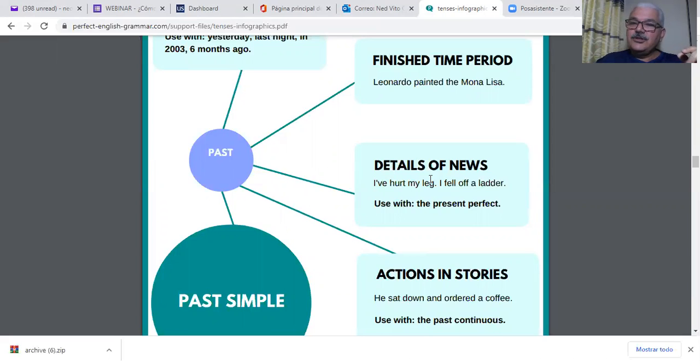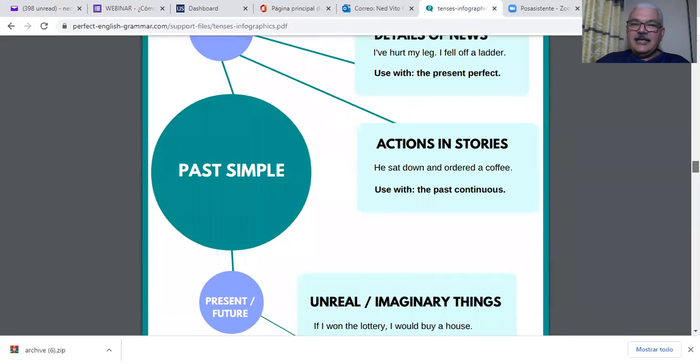So we are going to explain this present perfect later on, because we should also refer to the aspect of perfectiveness. In that case, we use I fell off a ladder together with a present perfect. I will explain that later. Then we could also use it for actions in a story. He sat down and ordered a coffee, or any other thing that had happened.